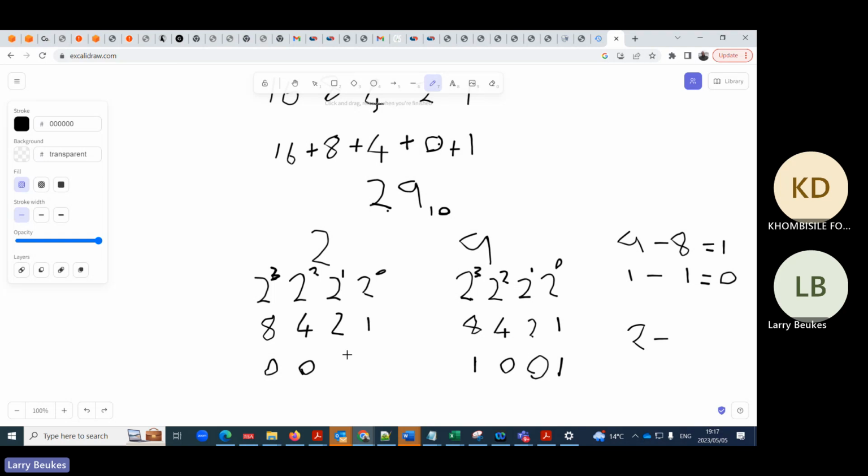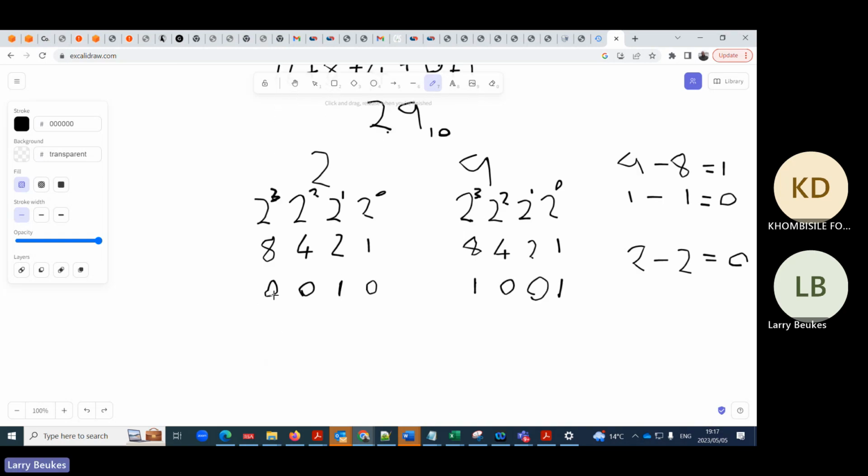Yes, because they are the same, so here we need a 1. 2 minus 2 will give us a 0, obviously. Then we don't need any in this one anymore because we don't have any values left. Here we had 1 minus 1, which was here. So our answer is this.